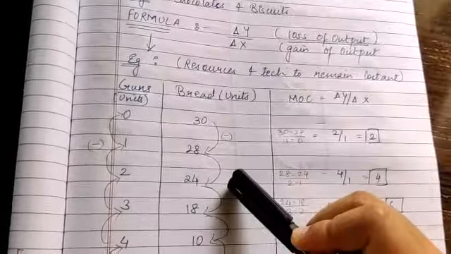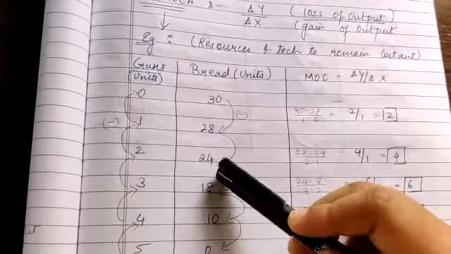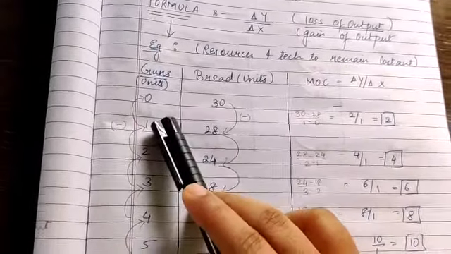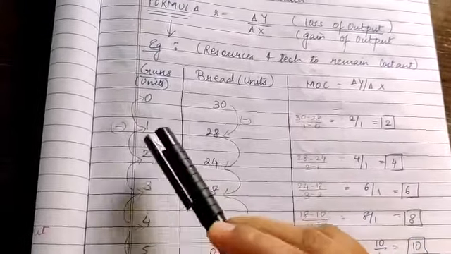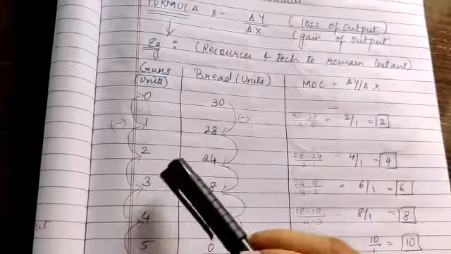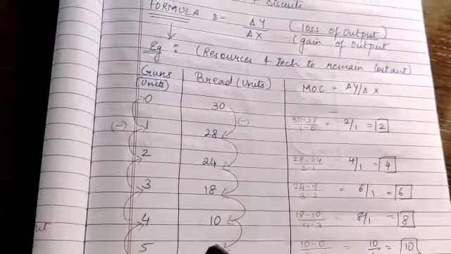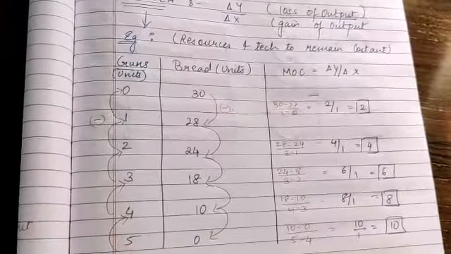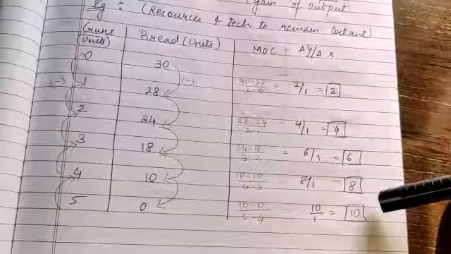Similarly, I have given arrows showing how to calculate: 28 minus 24 divided by 2 minus 1, 24 minus 18 divided by 3 minus 2, 18 minus 10 divided by 4 minus 3, 10 minus 0 divided by 5 minus 4. So this is how you will get your marginal opportunity cost: 2, 4, 6, 8, 10.